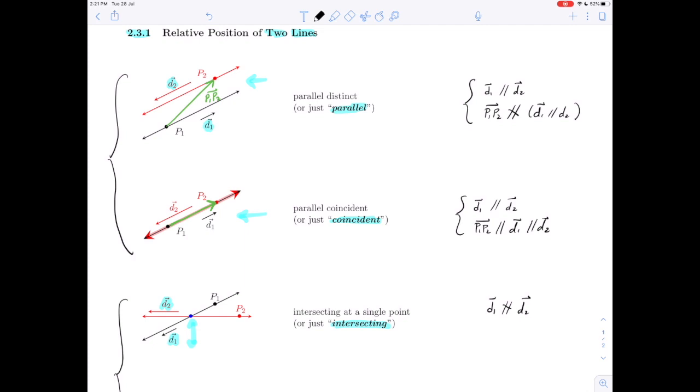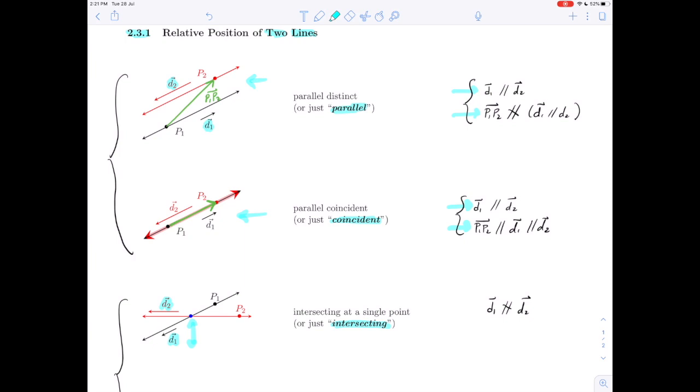They have parallel direction vectors, but the vector between any 2 points on the line will not be parallel to those direction vectors, whereas the coincident lines will have all vectors parallel to each other.